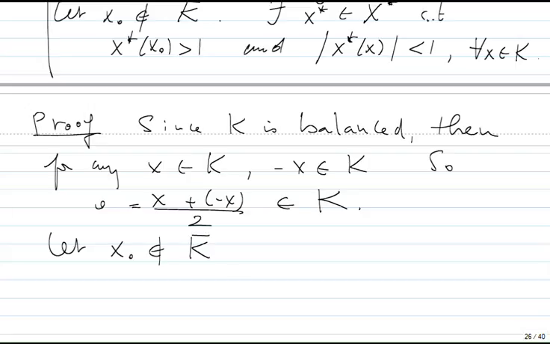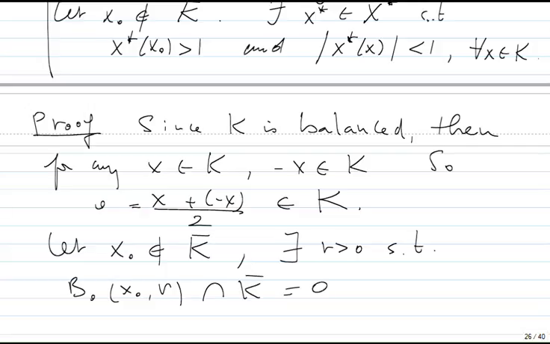Since K bar is closed, the complement is open. There exists R positive such that the open ball centered at x0 with radius R intersect K bar is empty.